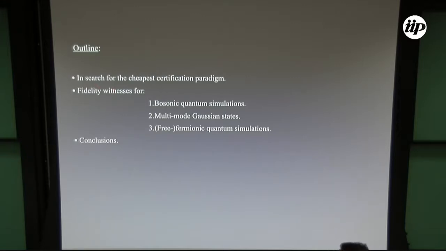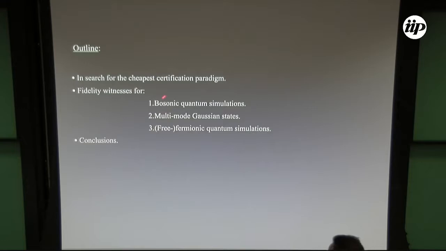The whole thing here is to search for the cheapest certification paradigm. As I was mentioning, quantum state tomography is very expensive. This is not the way out when you move to many particles. So I want to go to the cheapest certification paradigm in terms of experimental resources, and as far as we know nowadays, this is something called fidelity witnesses.